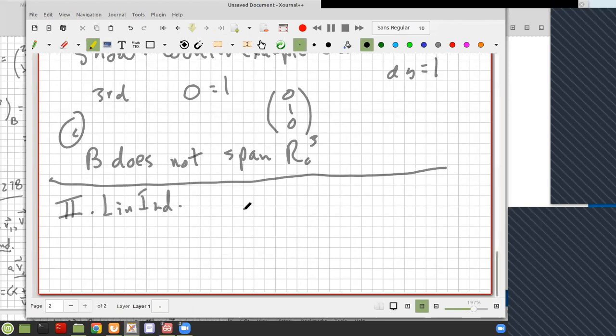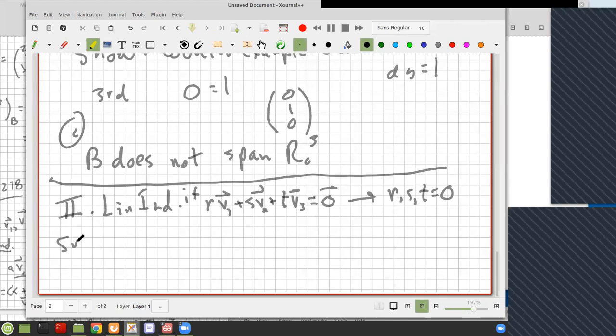Now, what you need to show there is that R times V1 plus S times V2 plus T times V3, for those three vectors above, if this equals 0, then R, S, and T equal 0. That is the only linear combination. The only way to make this 0 is if R, S, and T are 0. So the way you prove a conditional is to suppose that R V1 plus S V2 plus T V3 equals 0, and then show that R, S, and T are 0.